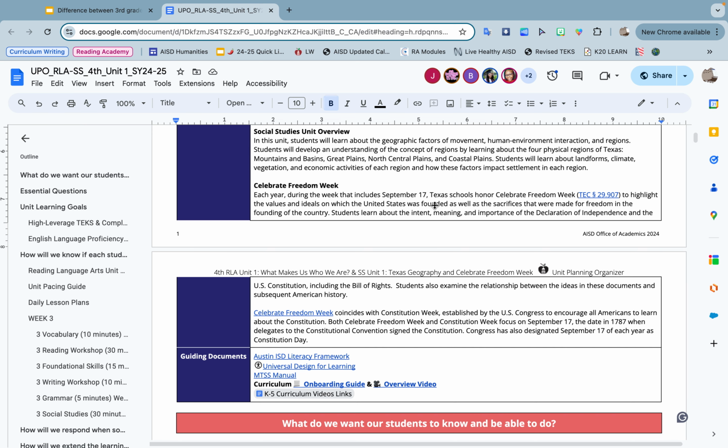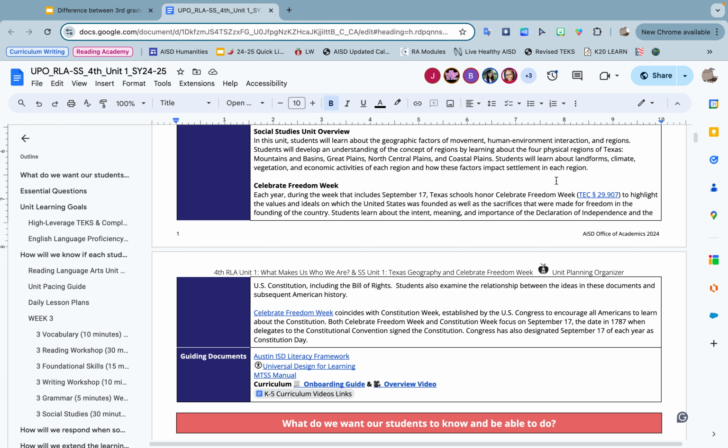Now, sometimes we have mandatory observances in social studies, and Celebrate Freedom Week is one of them. So during the week of September 16th through the 20th, which includes the date of September 17th, Texas schools honor Celebrate Freedom Week.